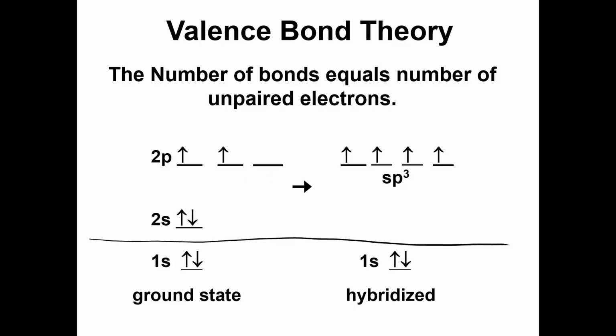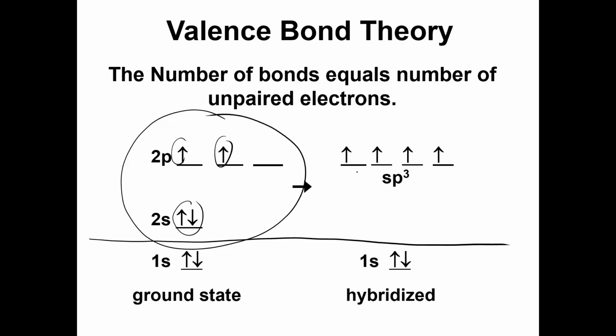So what they say is you take these atomic orbitals here and you combine them to make a hybrid orbital. The 2s and the 2p are already very close in energy, and so they blend together to make what is called an sp3 orbital. And so you take all these 4 where they all are energetically equal. It's a new orbital. They call it a hybrid orbital, and it's simple.